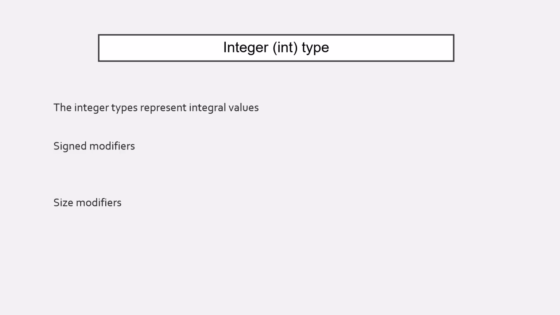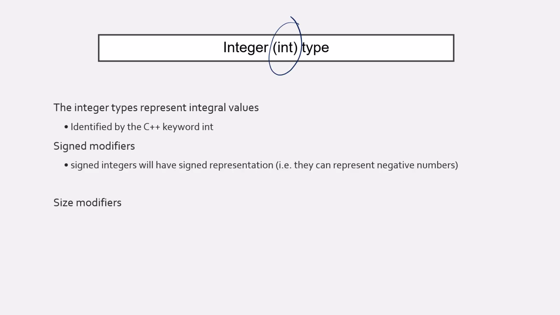Integer types. So integers are whole numbers. They have obviously no floating point values. There are signed and unsigned integers. The data type int can represent negative numbers and positive numbers.